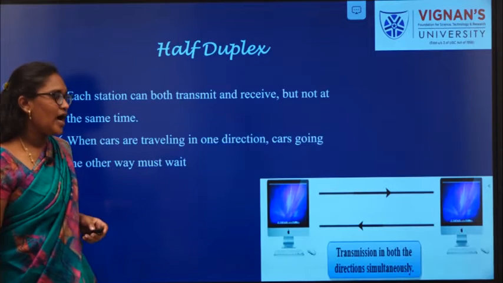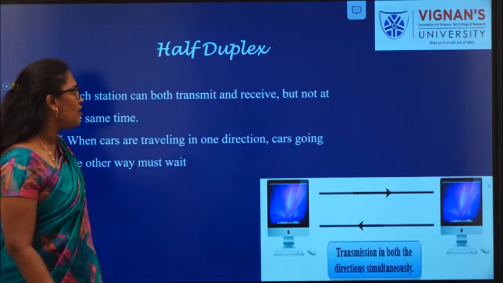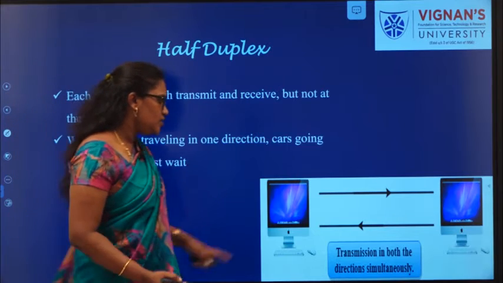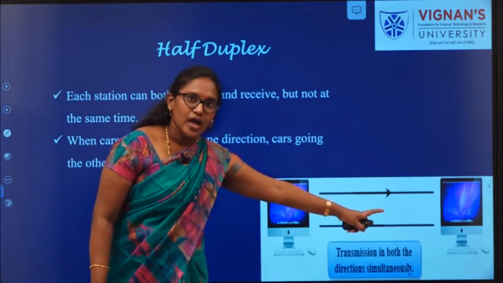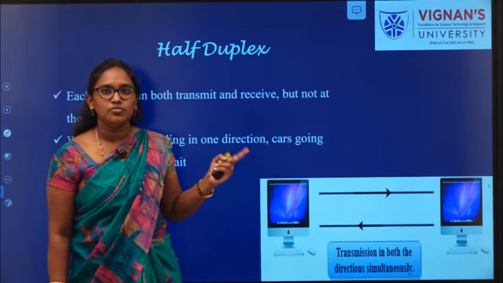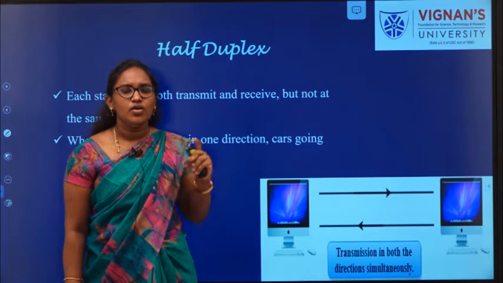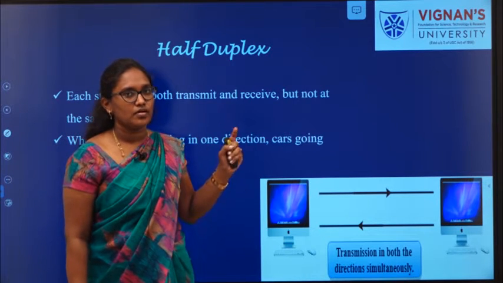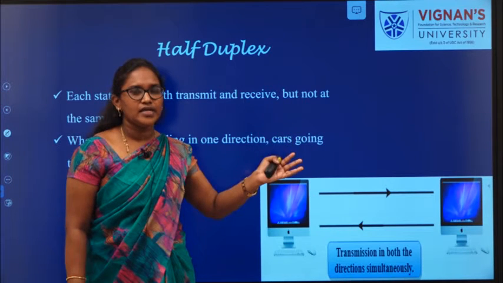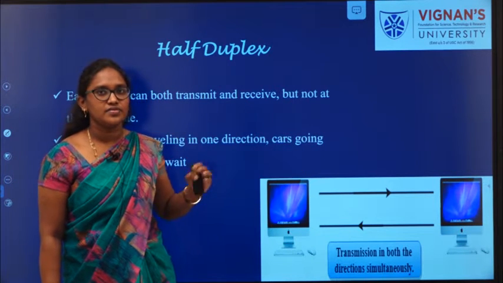Next one is half duplex. What is the meaning of half duplex? Here similarly you are having sender and receiver. In simplex only the communication mode is one sided, right? Only one part can send the data and the other has to send the data only after receiving the data.